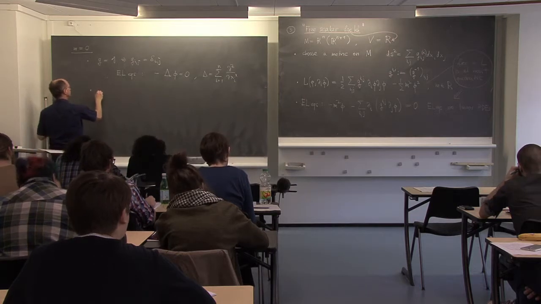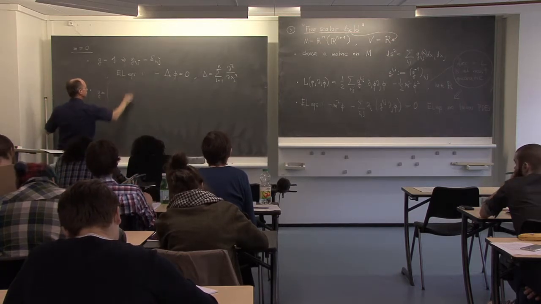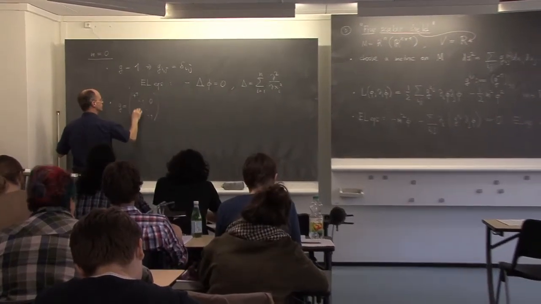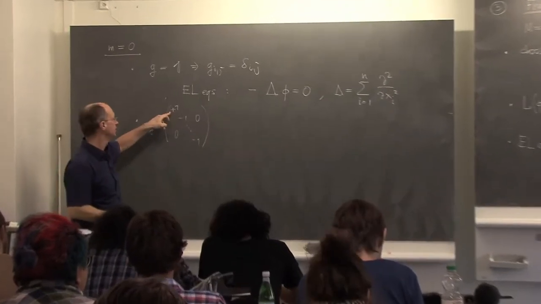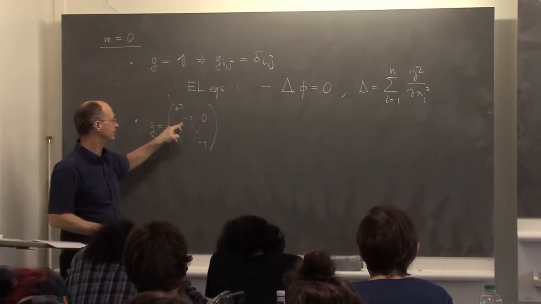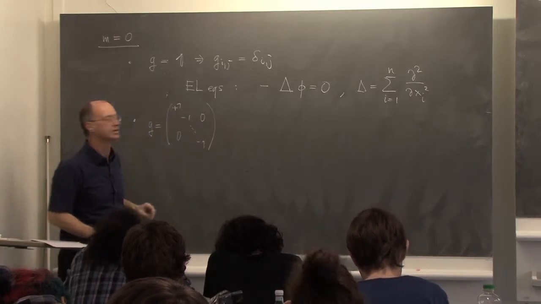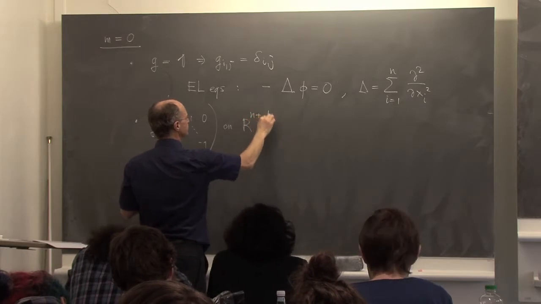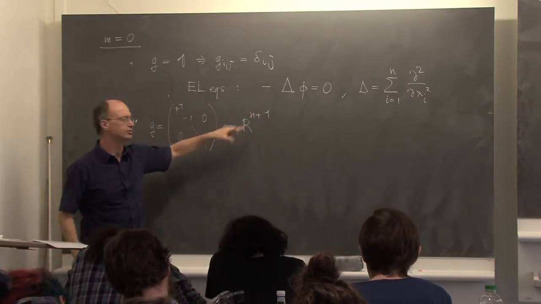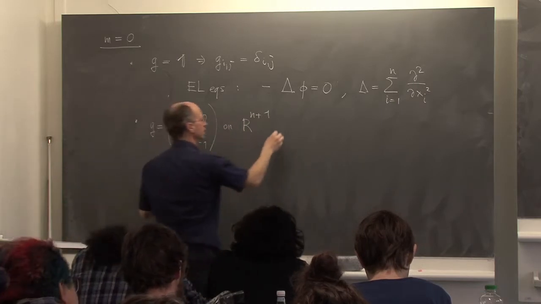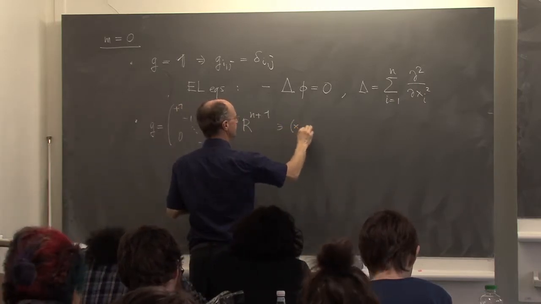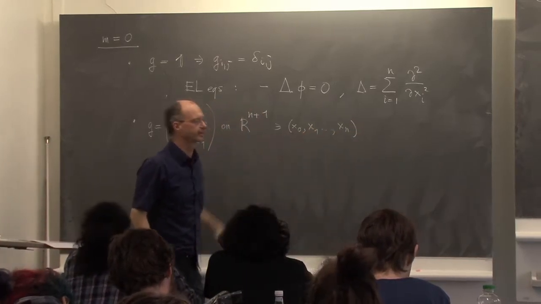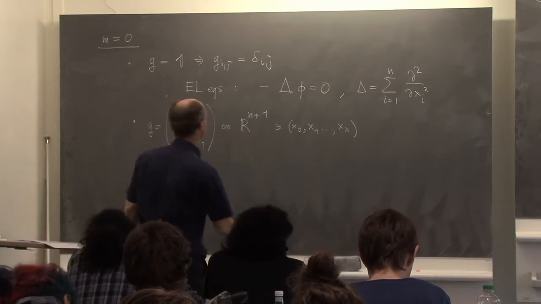Of course, another famous example is to take G to be a constant diagonal matrix with one eigenvalue which is, say, positive and all the others negative, or the other way around. And here it is convenient to have it on Rn plus 1, and to align with the physics notation, we will say that the coordinates are numbered from 0 to n. So then what happens to our equation?